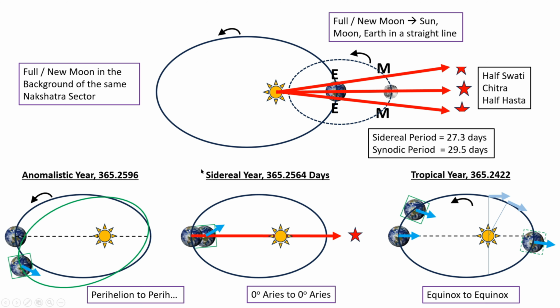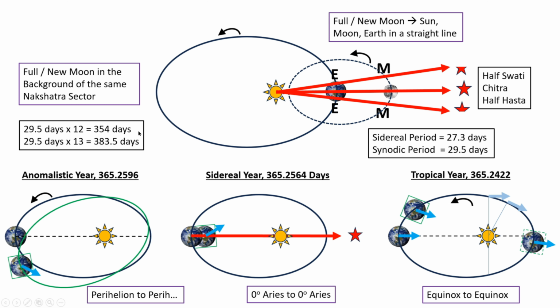So normally in a lunar year, there are 12 full moons or 12 new moons. So 12 full moons means it takes about 354, 355 days, because 29.5 into 12 is 354.